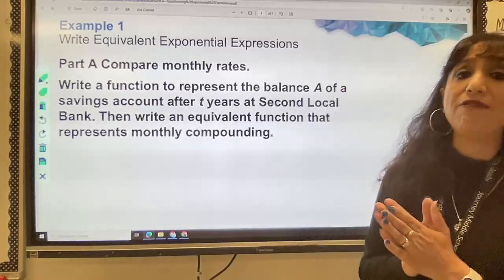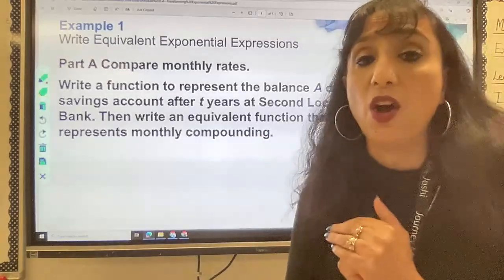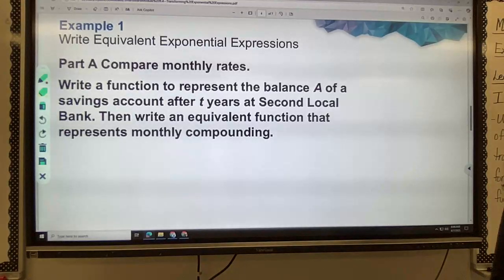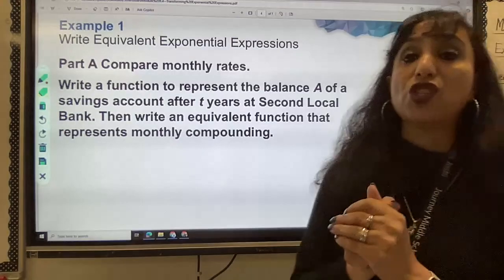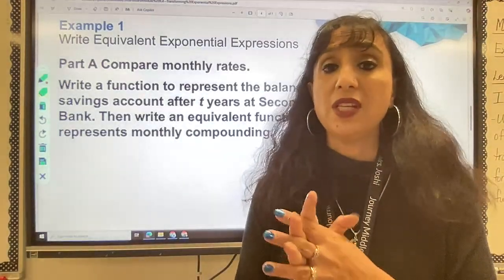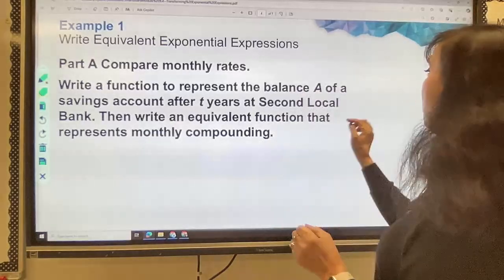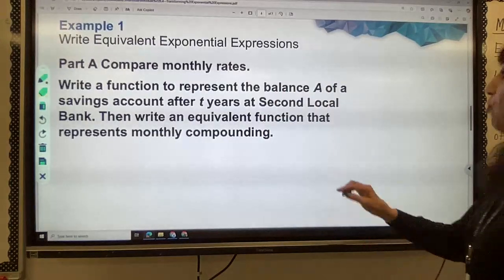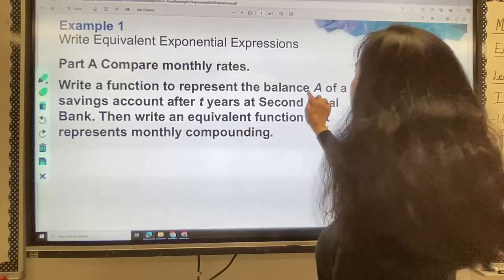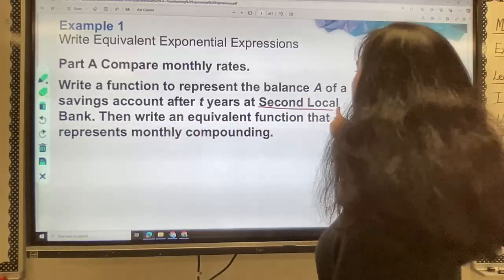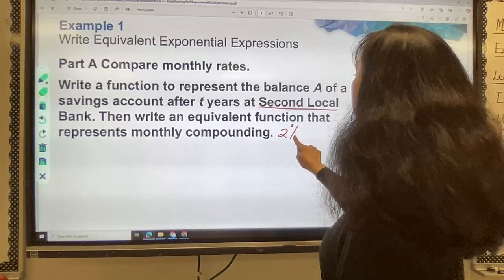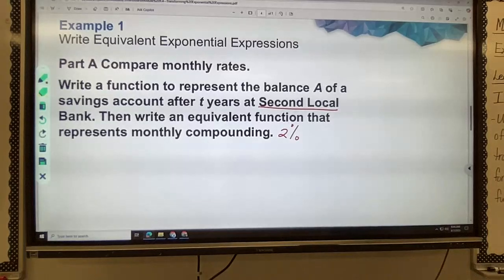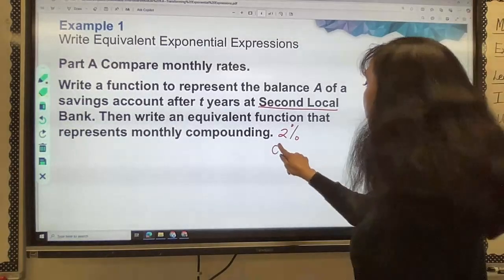Then write an equivalent function that represents monthly compounding. For the second local bank, my interest rate was 2%, and it was compounded annually, so that is once a year.